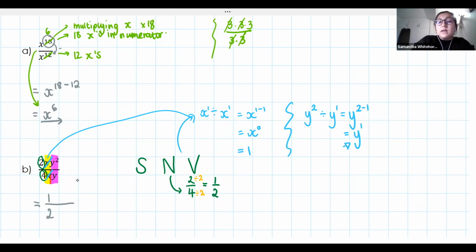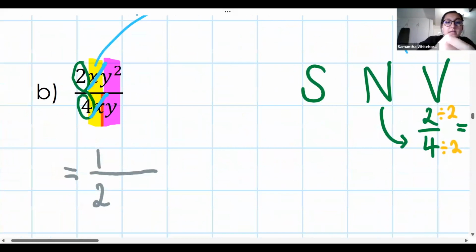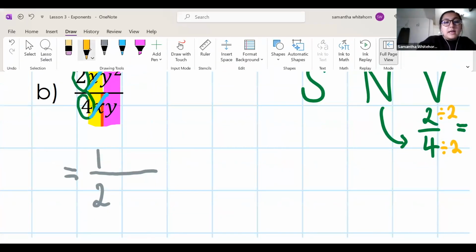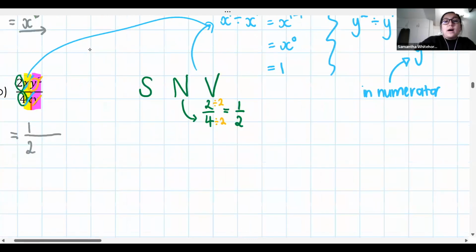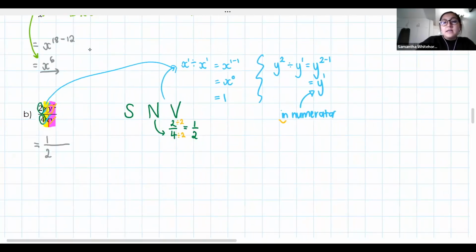This answer technically needs to go into the numerator. Okay, if you think about the cross-canceling method, if you cross-cancel, you've got 1y at the bottom canceling with 1y at the top. Your leftover y is in the numerator. And this is why what I've said here is that your answer when you subtract goes into your numerator.